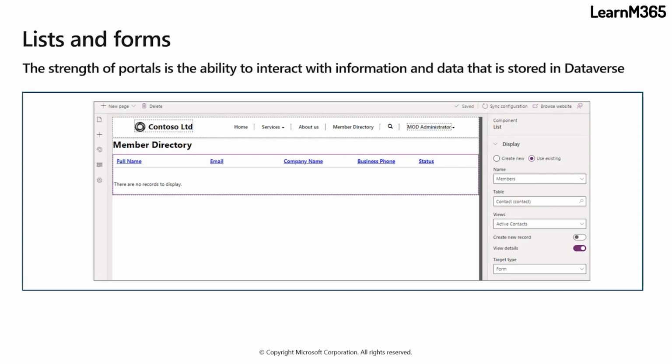After placing a list component on the page, the maker will need to set the properties of the list. These are the properties you can see. Then the maker will choose the table and one or more views that should be visible on the list.